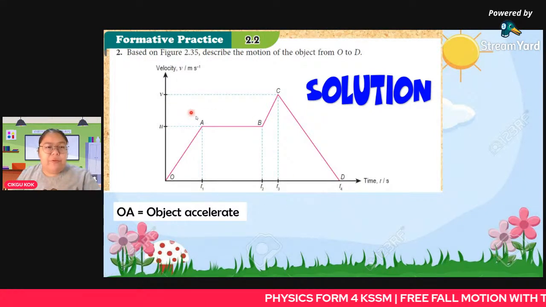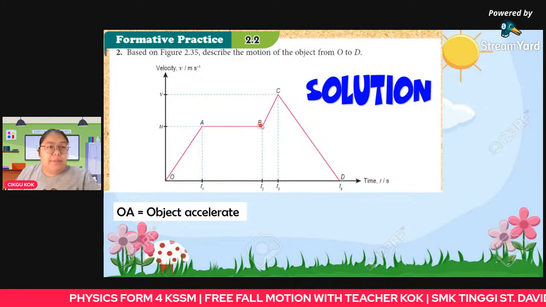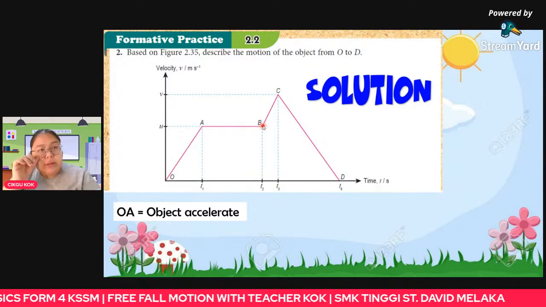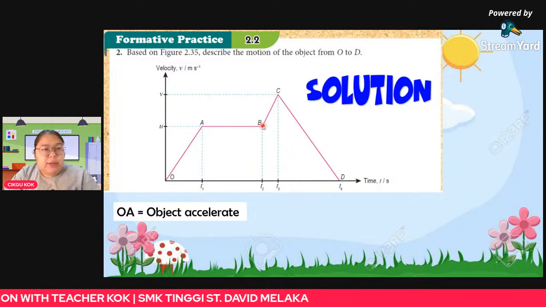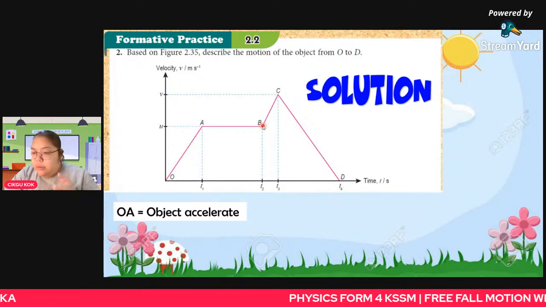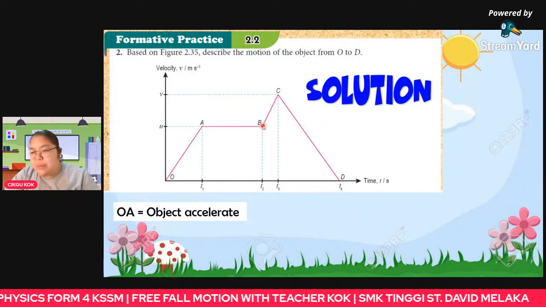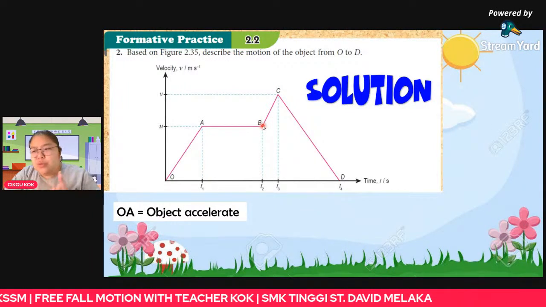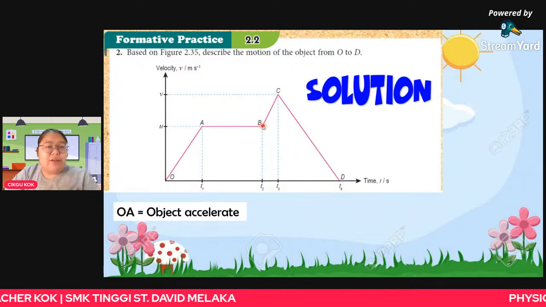What happened for AB? Okay, AB is just talking about the motion. Object move uniformly? No, cannot. We cannot put object move. You must say about the velocity or the acceleration.